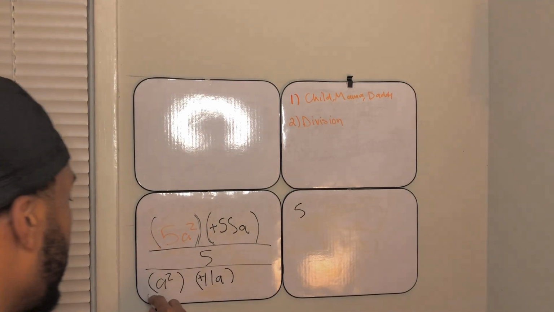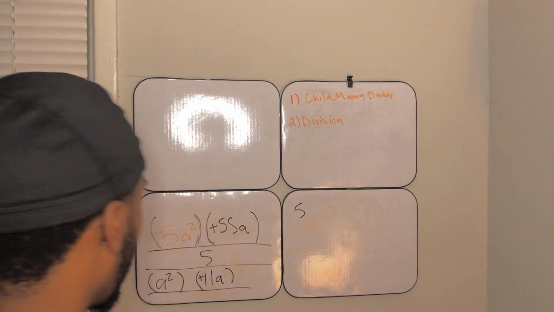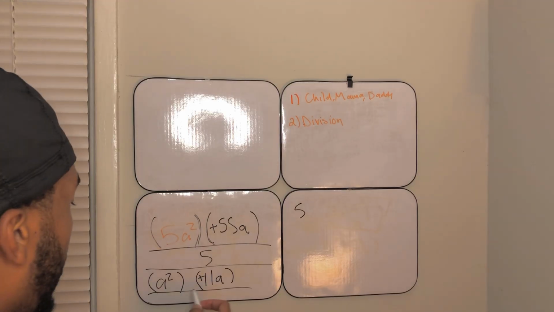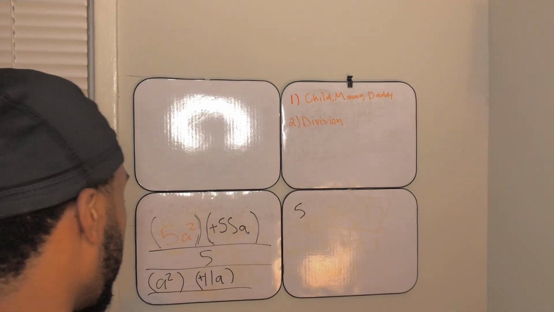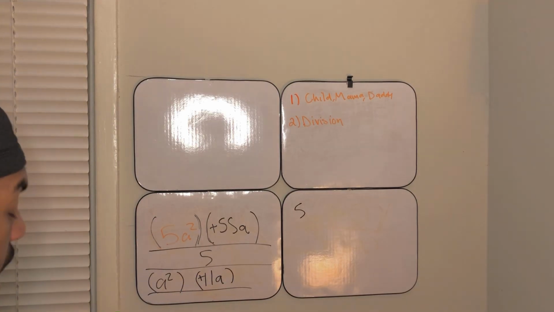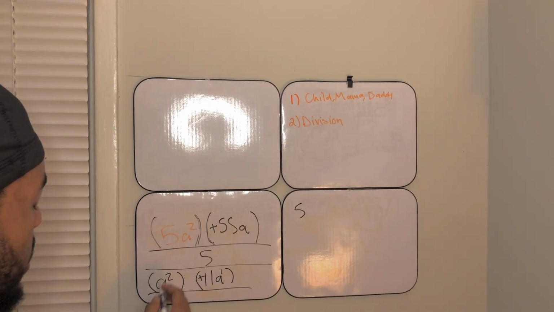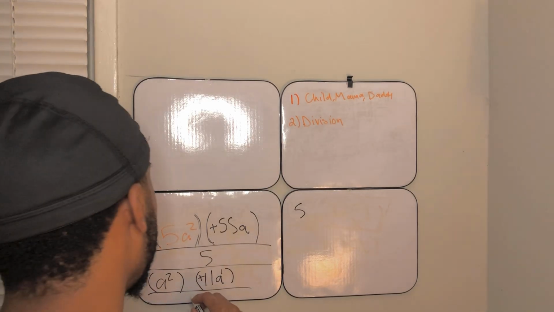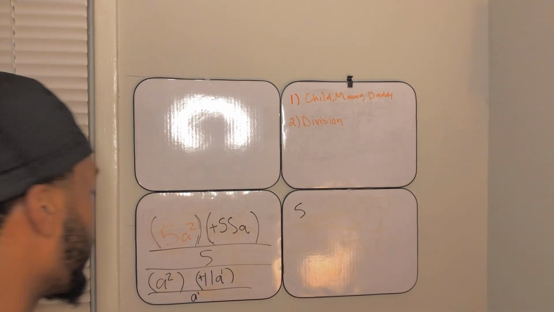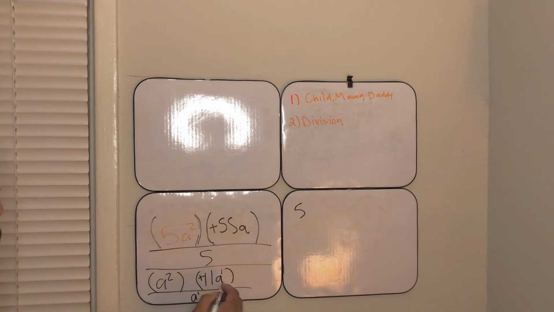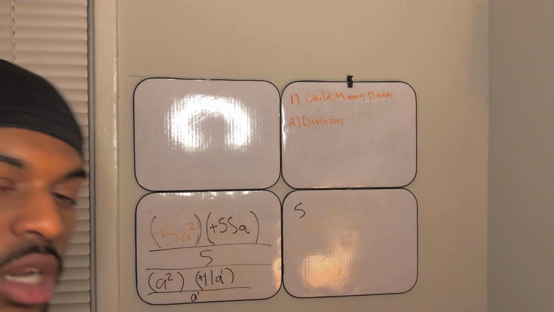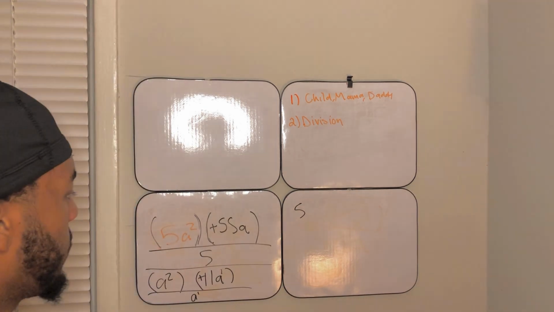All right, so we still got this that we got to deal with right here. So the next thing, we just got to look and see, is there anything that we could divide out of both of these? And there is. This is an a to the first power, and this is an a to the second power. So we can take out an a to the first power from this and from this. What are we left with when we do that?